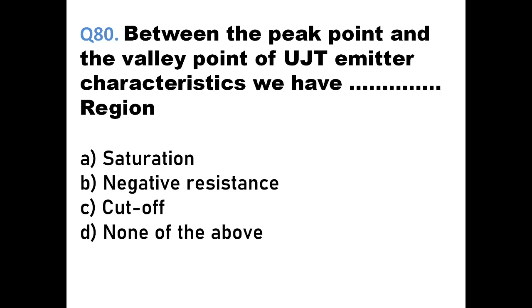That is inverse to Ohm's law. If anything is inverse to Ohm's law, it is called negative resistance. So here the answer should be B, negative resistance. Between the peak point and the valley point of UJT emitter characteristics, we have the negative resistance region.